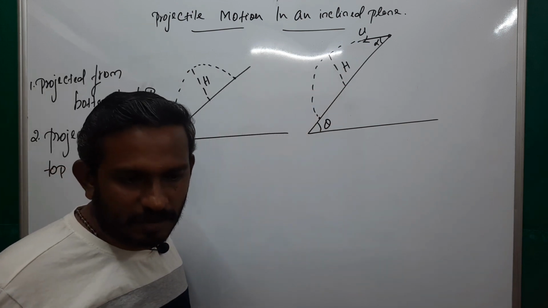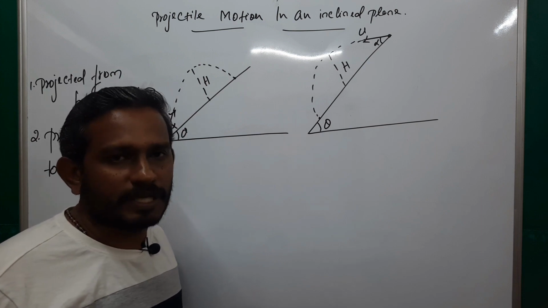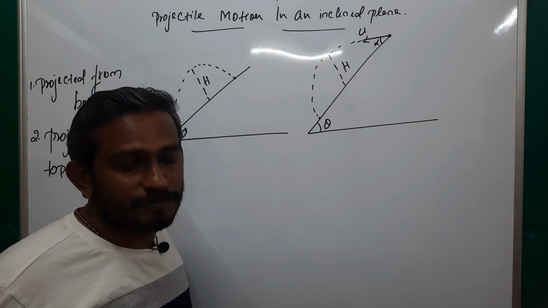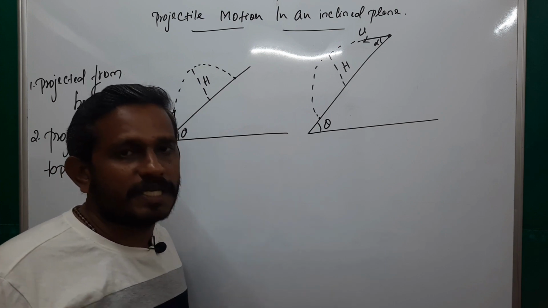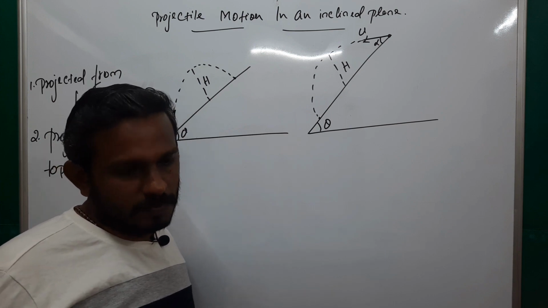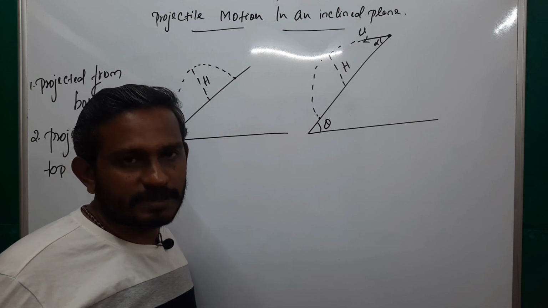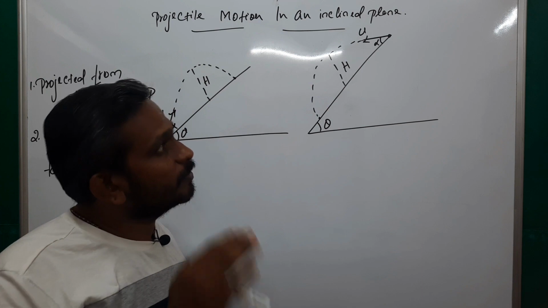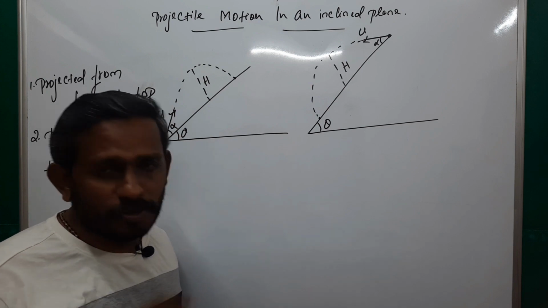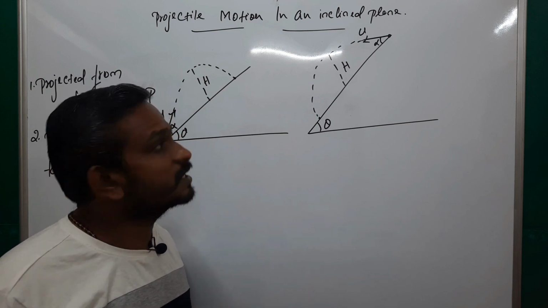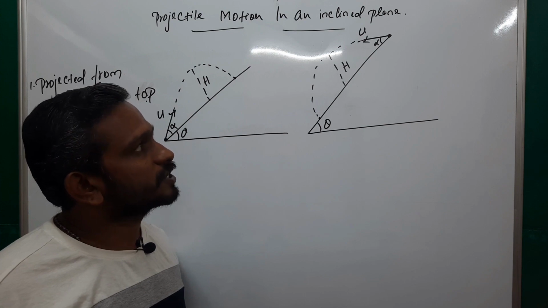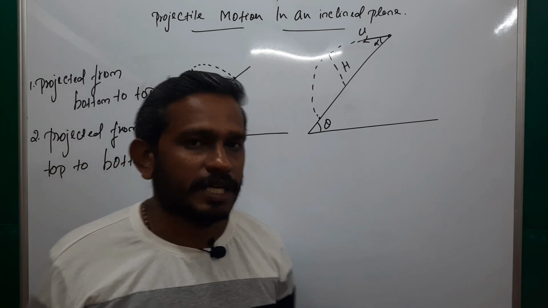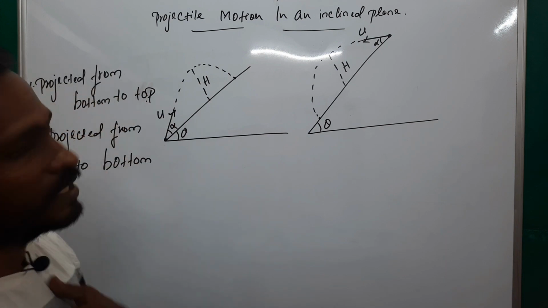I have taught the theory and numericals of projectile motion, that is horizontal projection and projection at a height. So you learn that before coming to this inclined plane. Then only you can follow inclined plane projection. The fundamentals of inclined plane projection are those.